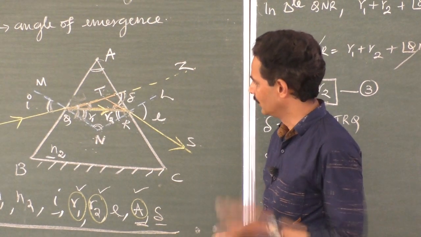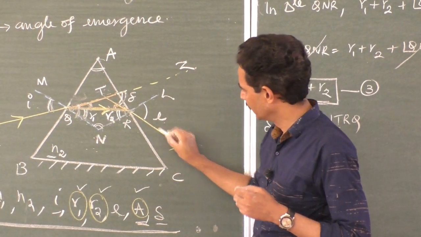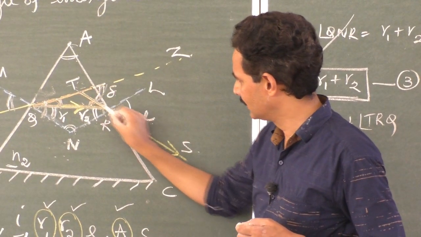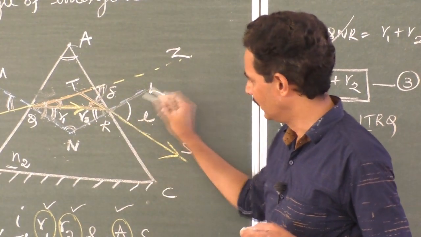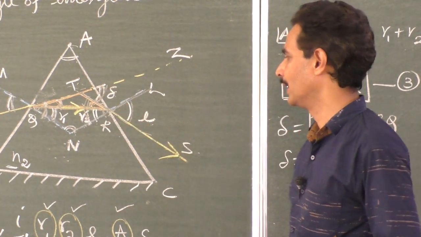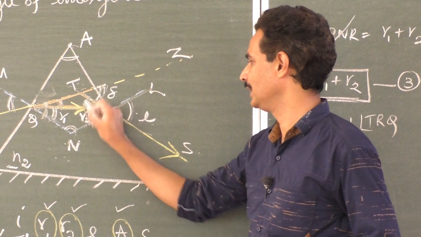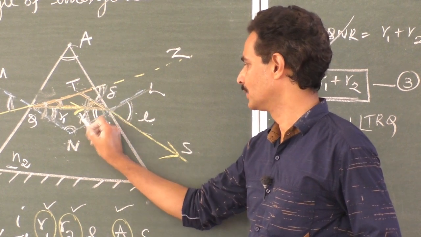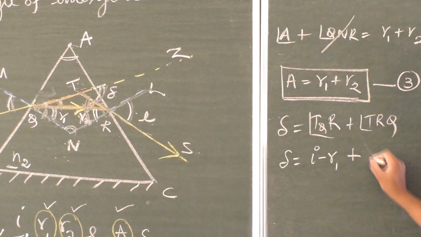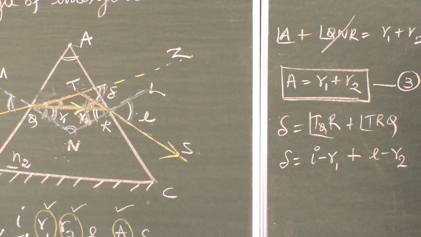It is equal to, see, straight line. This is made to move backwards in order to find out delta. So this is a straight line, this is a straight line. So shall I treat this as E and this as E, right? This whole angle, because vertically opposite, is E. E minus R2, right? R2 will give you this one. So E minus R2. Hope you have followed, right?